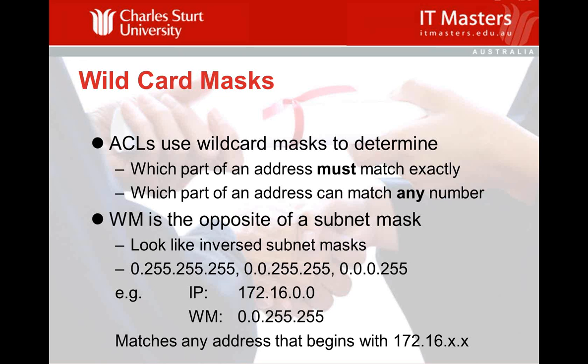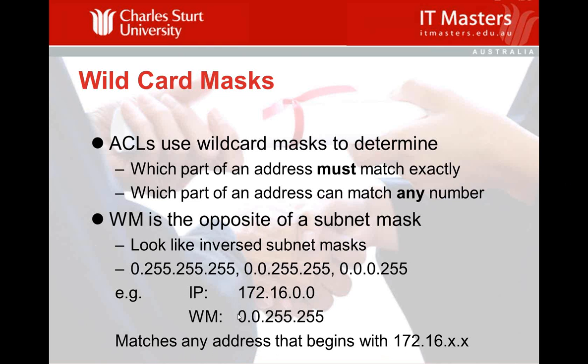So you can see they're basically the direct opposite of a normal subnet mask. If we look at the example here, if we have the IP address 172.16.0.0 with a wildcard mask 0.0.255.255, this will match any address that begins with 172.16.